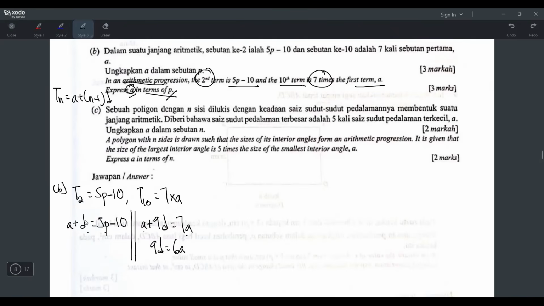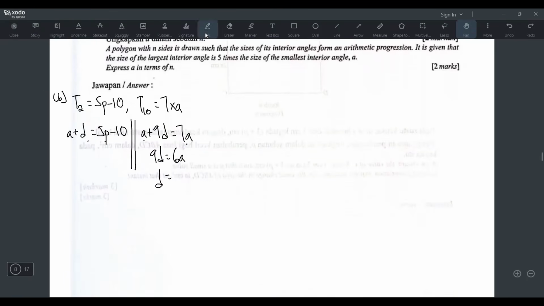So obviously this d needs to go. So what do you do? You find d from here and then substitute it inside. When you find d from here, d will be in terms of a, and when you substitute it inside, the whole equation only has a and p. Then you can slowly move things until small a is single, and then you get the answer. You understand, right? So let's go.